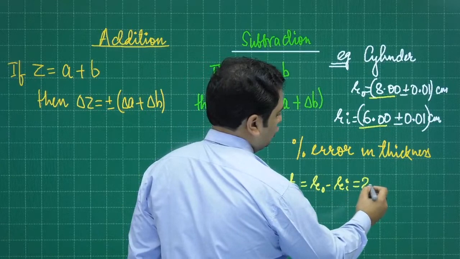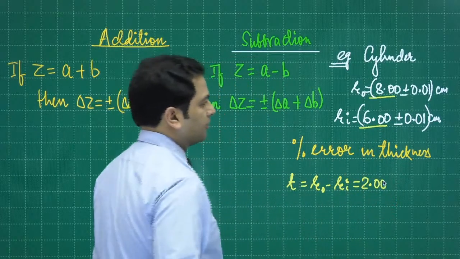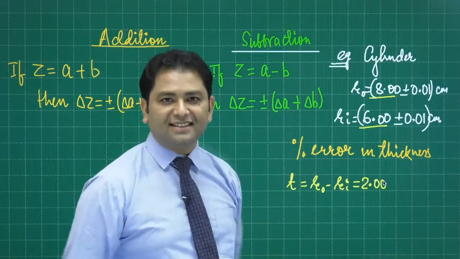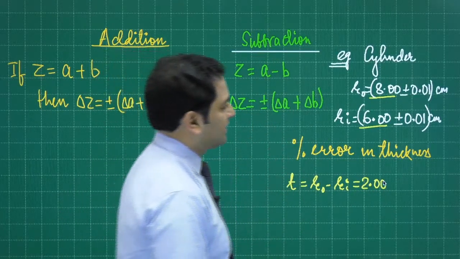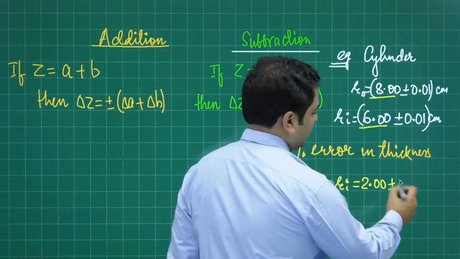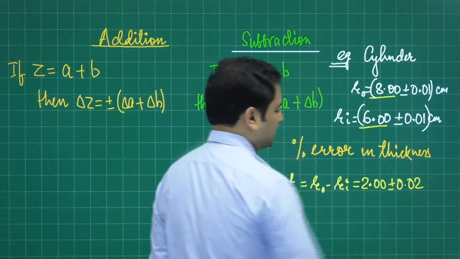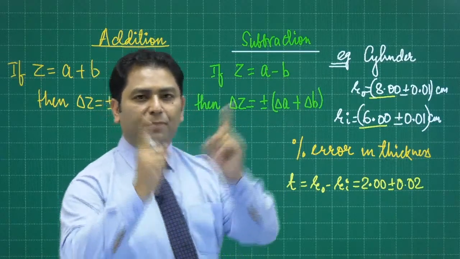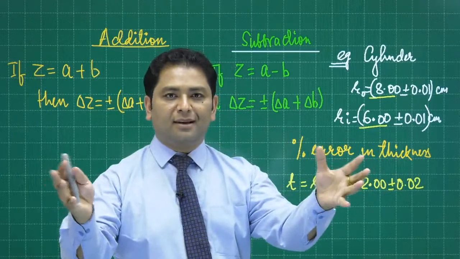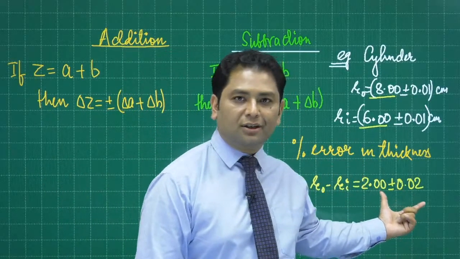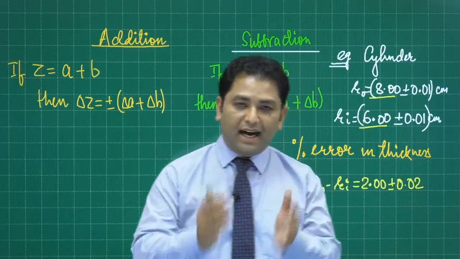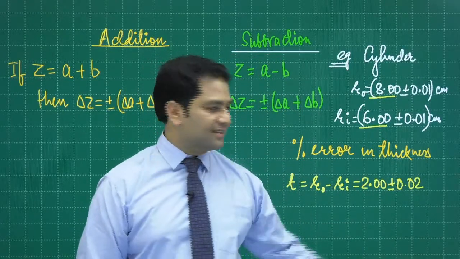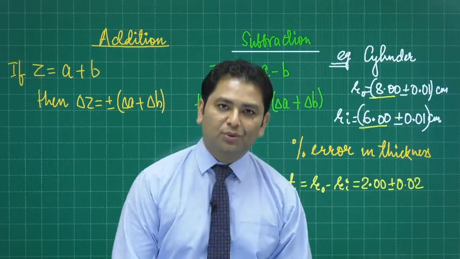That will be 2.00. But we've recently seen the absolute error is added. So in that case, 0.01 plus 0.01 is going to be 0.02. So if someone asks to report thickness within its error limit, this is how you're going to report. And if someone asks what is the mean absolute error in thickness, that would be 0.02.